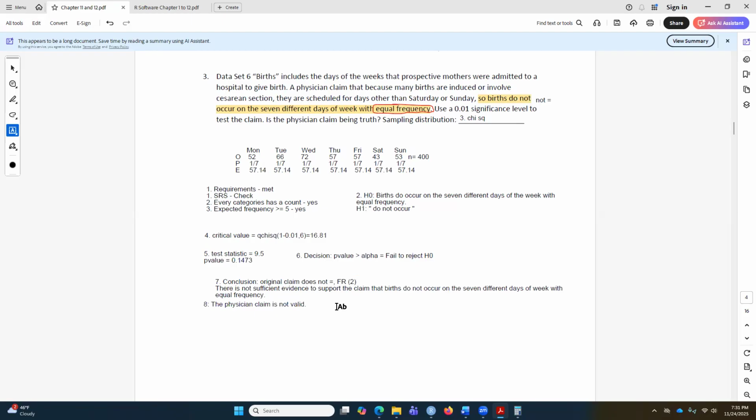Okay, what I'm trying to do here? Yes, I got it. It's kind of difficult, but you're exposed to the steps of hypothesis testing, so I'm not worried about that, and you kind of know what to do. This is just a new sampling distribution, which is chi-square.